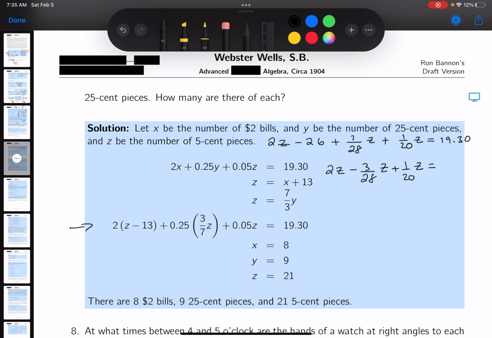And I'm going to add 26 to both sides. All right, so $19.30 plus 26. Well, you still have 30 cents, right? And 6 and 9 is 15. Let's see, $45.30, right?